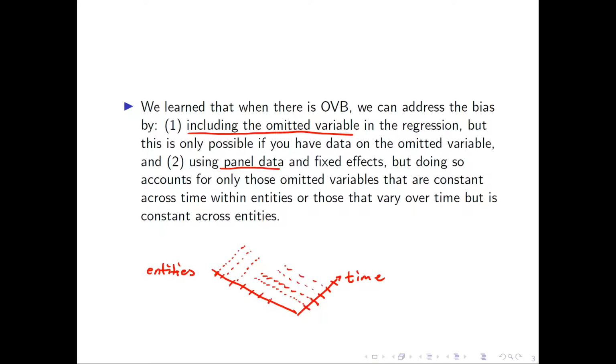So you get this change in the intercept of your estimates for specific entity and time combinations. But this is only possible if this effect is actually constant over entities or time.